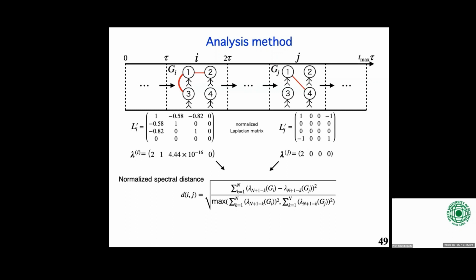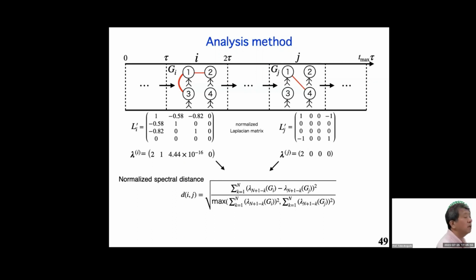From these normalized Laplacian matrices, we can obtain the eigenvalues lambda_i and lambda_j. From these eigenvalue vectors, we obtain the so-called normalized spectral distance d_ij shown in this slide, and we use this as the distance between the two graphs.